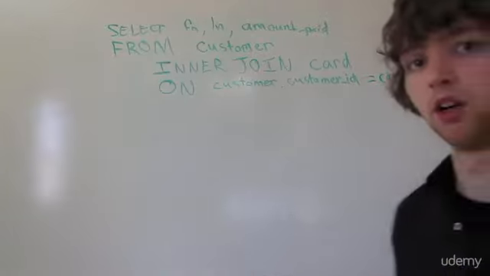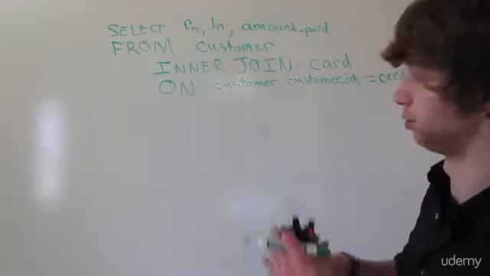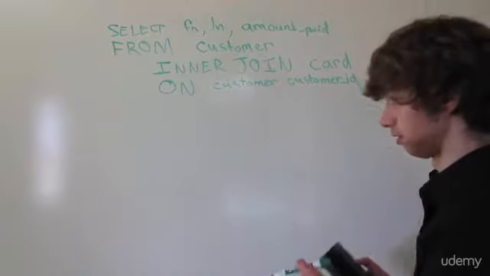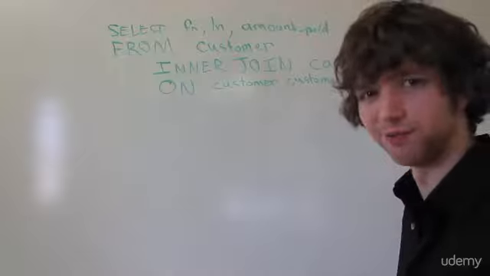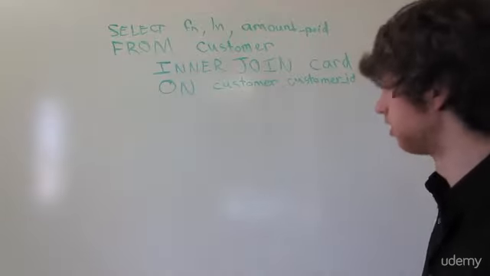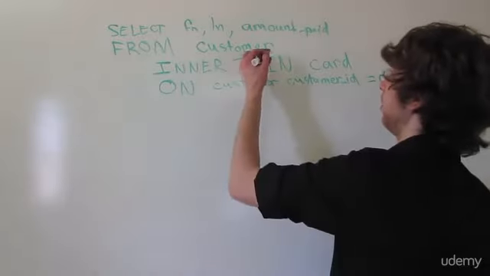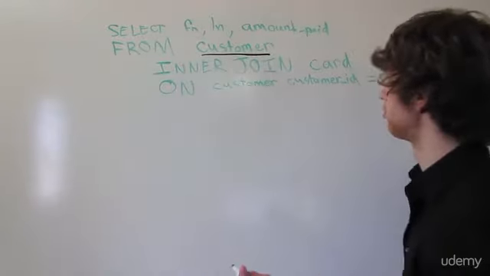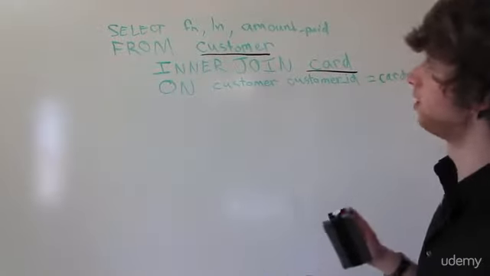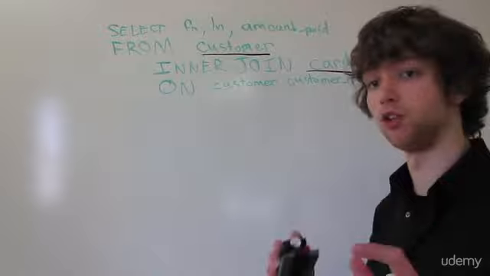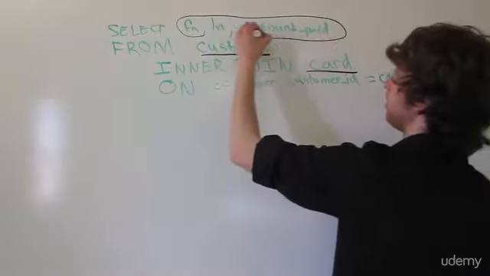Now, that's basically all you have to do for this. If you look at the syntax, it's going to connect. Here, let me get a different marker here. Colors makes things so useful, right? I'm going to use black. Okay, we got the customer joined with the card. Those are the tables. And then we're going to say what columns we want to return in the new join. And that's first name, last name, and amount paid.